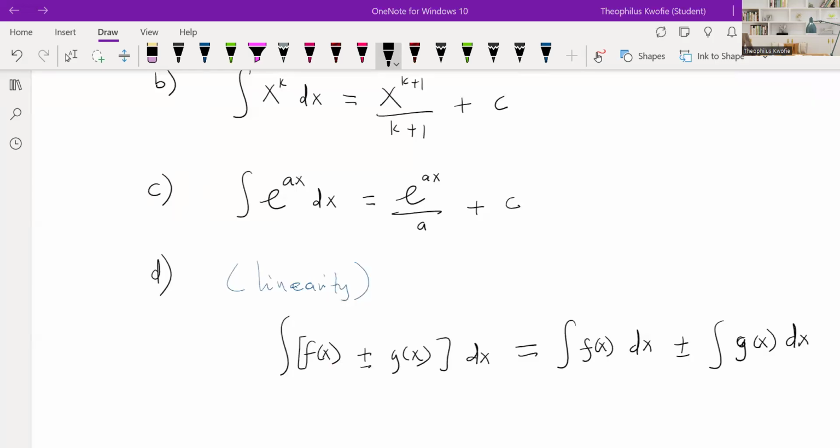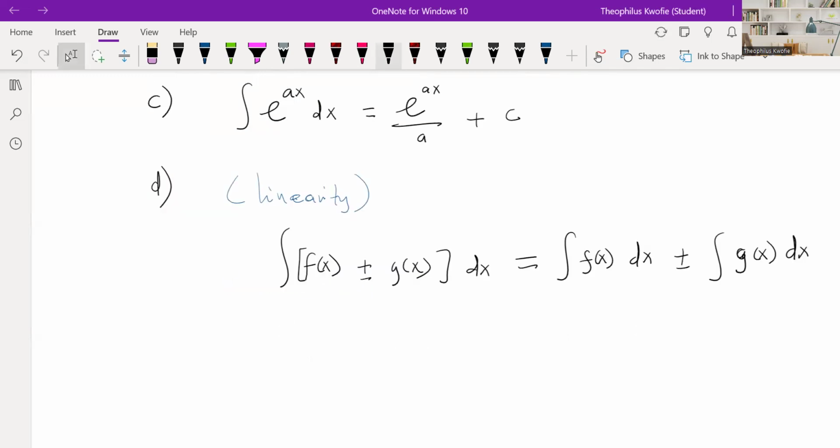So at this point, I want us to look at one more property, then we can look at other stuff as well. What if I have some trig functions? If I have the integral of the sine function, what happens?